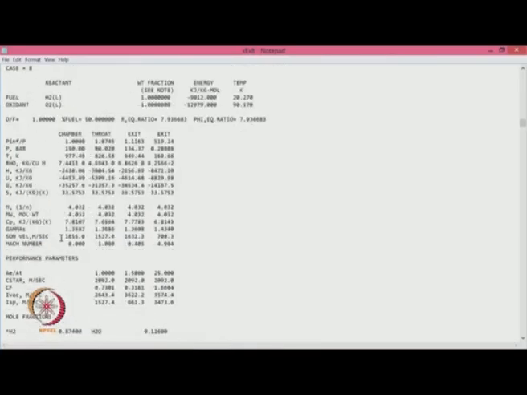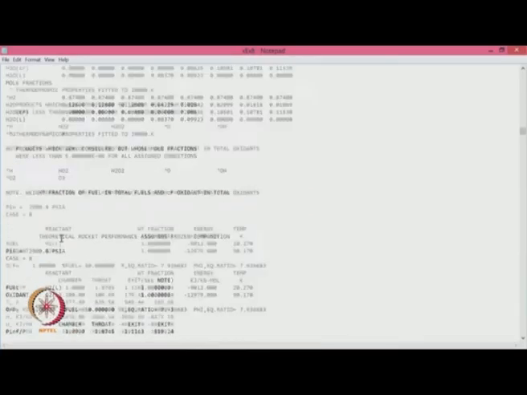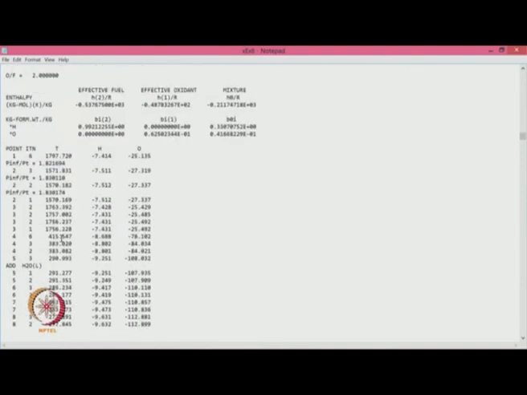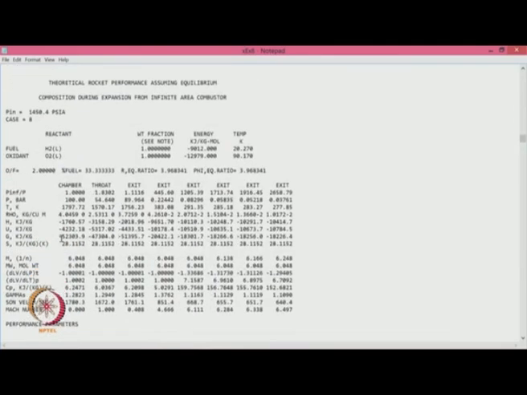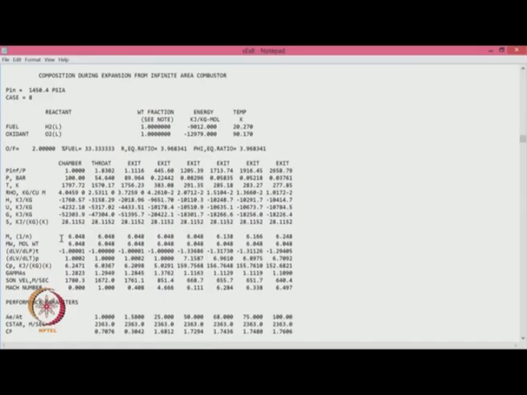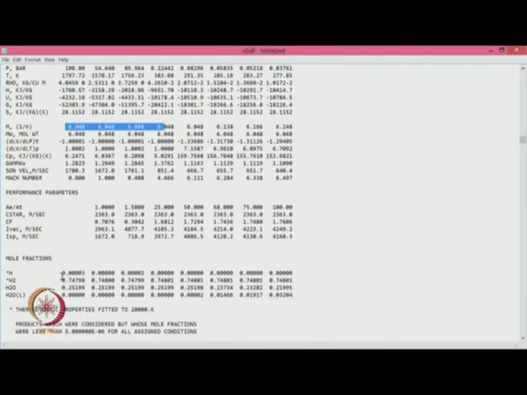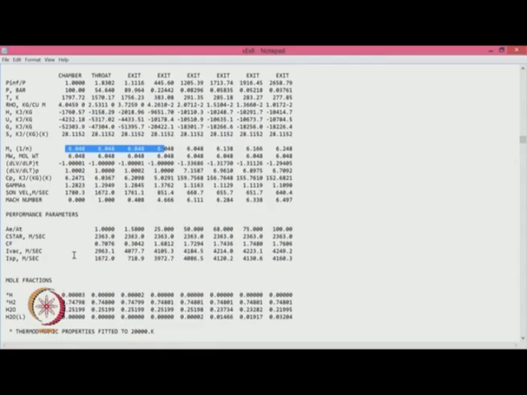And then if we increase the O by F to 2, then the temperatures rise, but so also will the molecular weights, and as a consequence you will get to a slightly higher ISP of 4249.